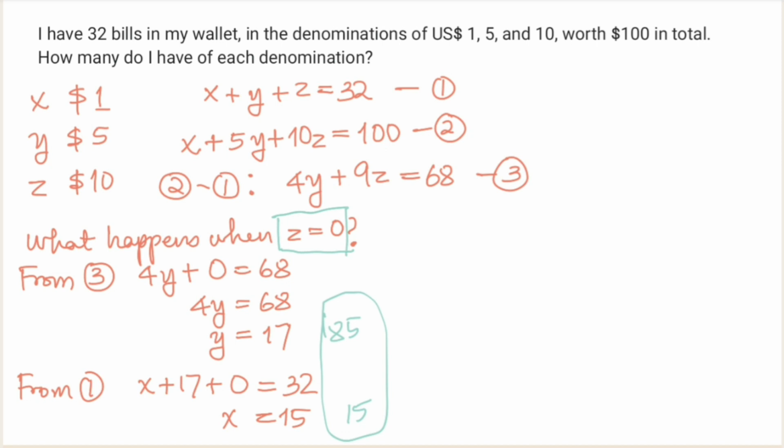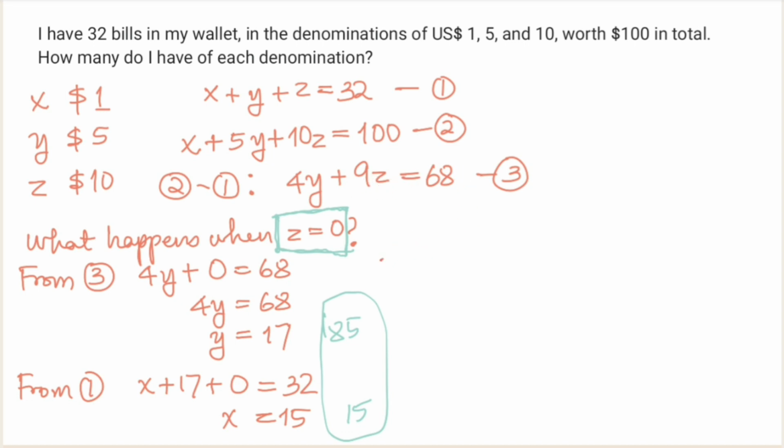And that is a problem because it says that the bills in my wallet are in the denominations of 1, 5, and 10. That suggests that we have at least one of each bill. So let's see if there's another value of z that is also going to give us values for x and y that will still give us a total value of $100.